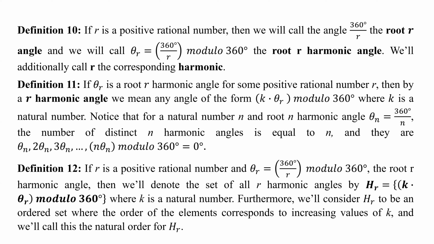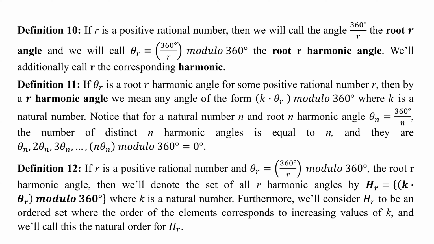So our r harmonic angles are going to be natural number multiples of our root r harmonic angle, but we want to express those multiples modulo 360 degrees. We're not going to go over 360 degrees.